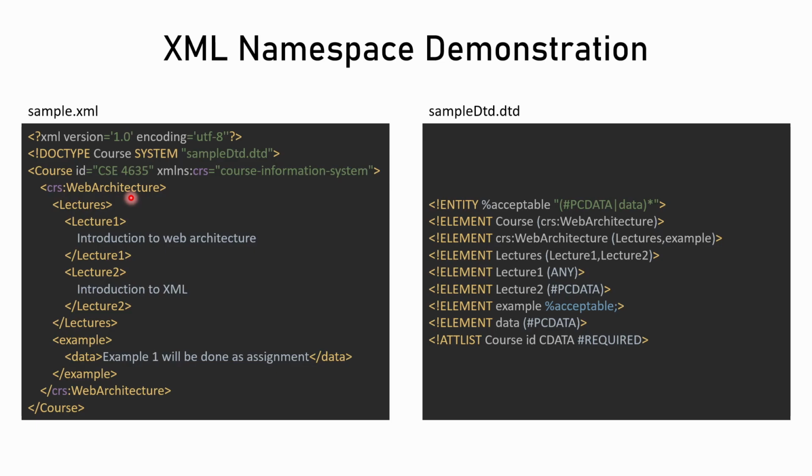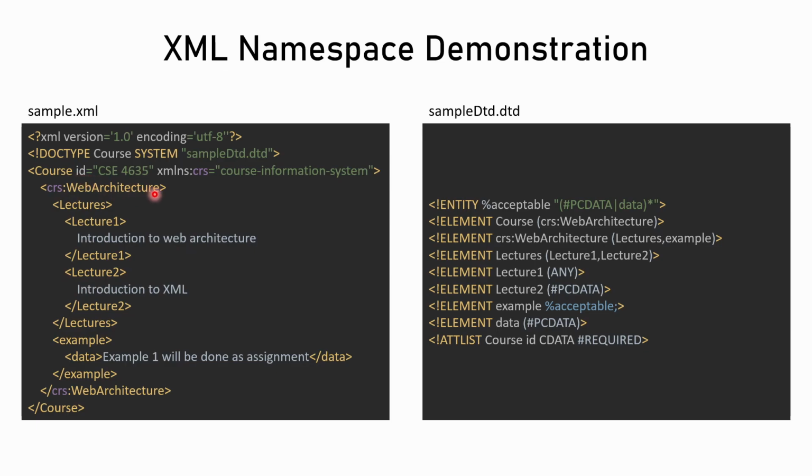Now, what you need to remember is that namespaces have scope. So for example, in this case, we have defined our namespace inside the root element, which allows us to use this namespace across all the elements that are nested inside this root element, right?